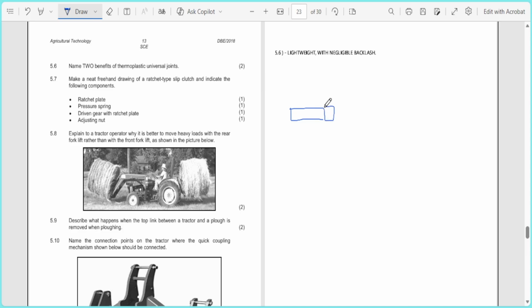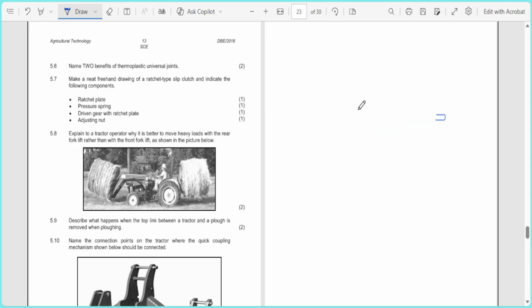So something like this, there should be a groove like this, and then something that almost fits into that groove like this, and then something that looks like this. Your sketch might not look like this, but just draw something convincing. Then you're going to have your nut like this.